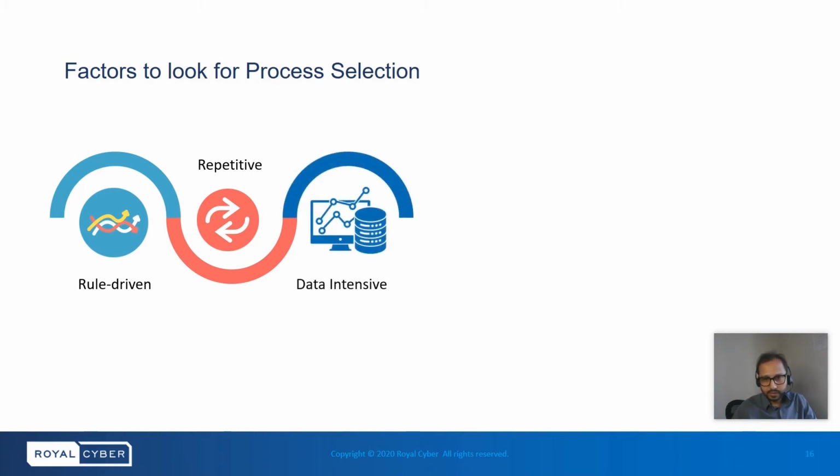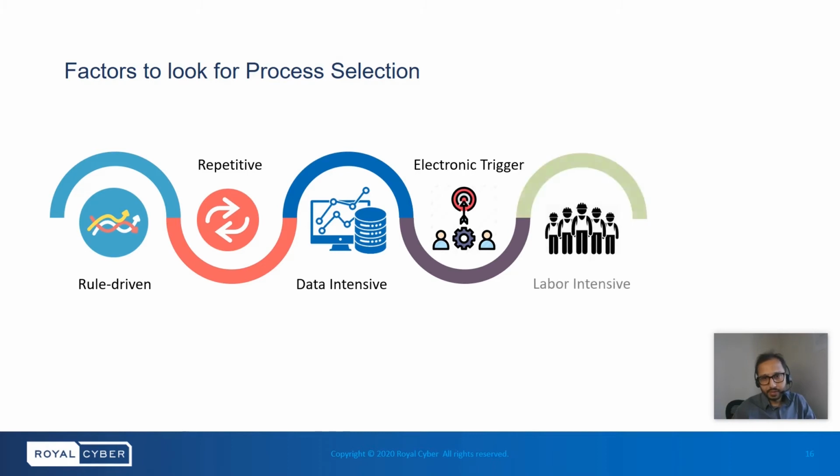Data intensive processes that involve systematic churning of huge data. Processes with electronic triggers that commence or receive electronic data files or some sort of electronic input that will trigger the process. Labor intensive processes that involve manual calculations of results with complex calculations, where one error in one calculation can lead to other errors in the process.